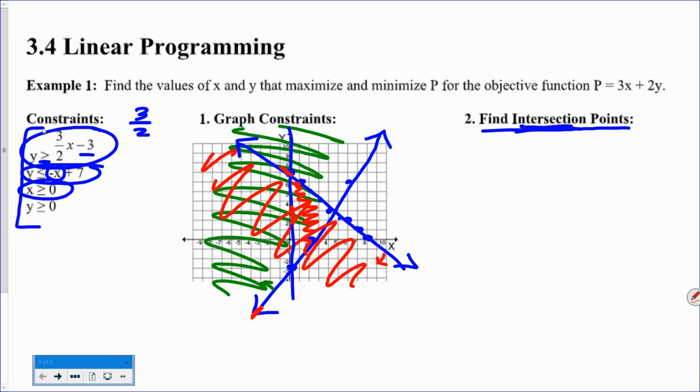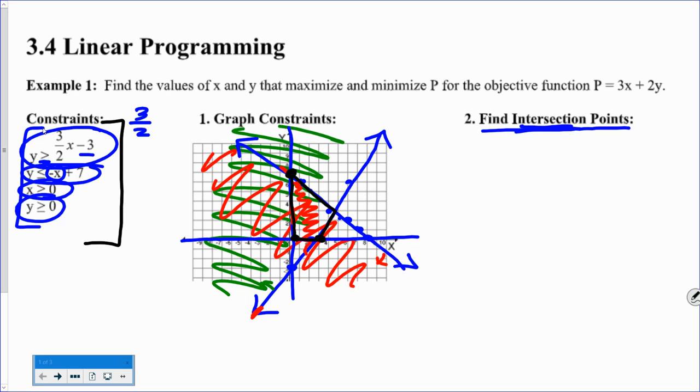The last line I need to graph would be the line y is greater than or equal to 0. So all of my y values must be positive. That will represent the x-axis and then everything above. So here's what we got for what's called the feasible region. That's the region that's going to contain all of the points that would satisfy all 4 of those inequalities.